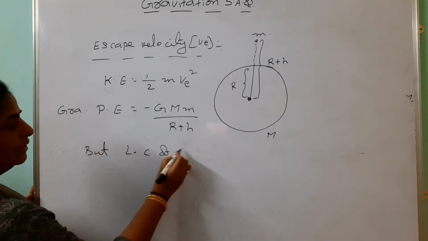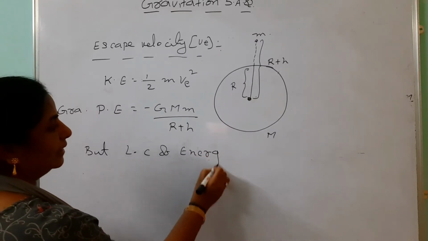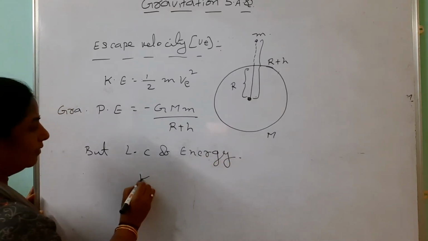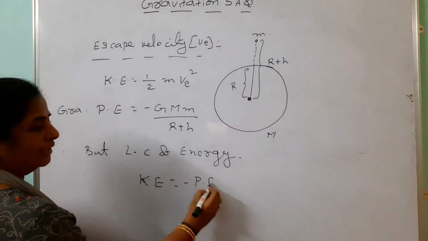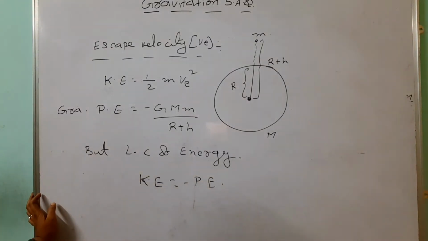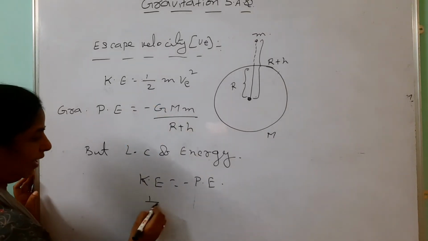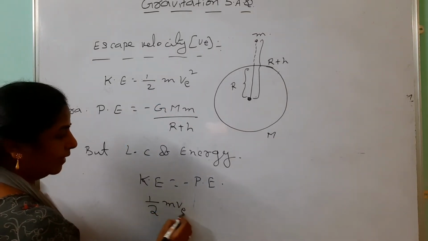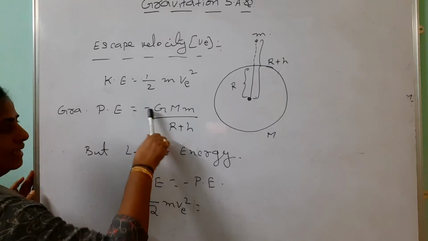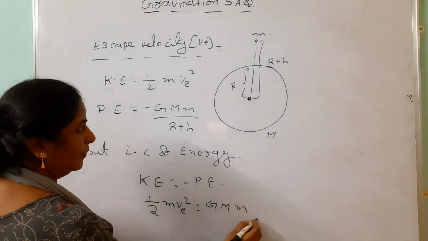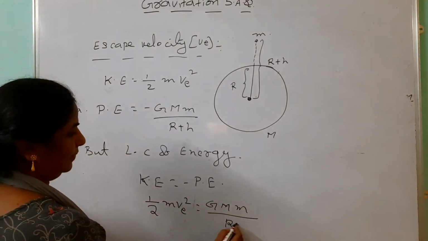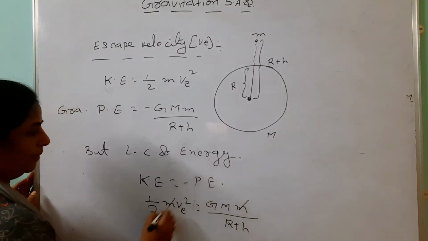conservation of energy, what are we writing here? KE equals minus potential energy. So half m v square equals, here already minus is there, so minus into minus gives plus GMm by R plus h, and the m cancels, m cancels.